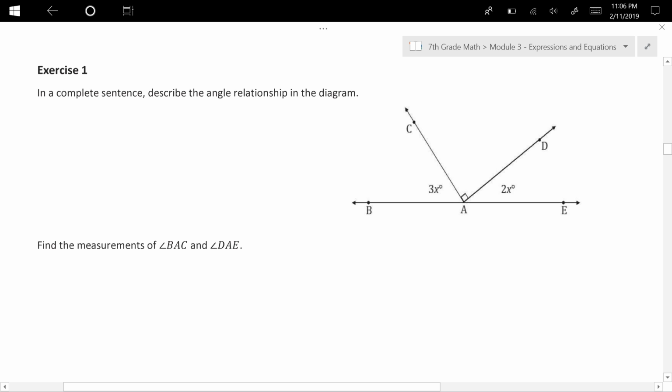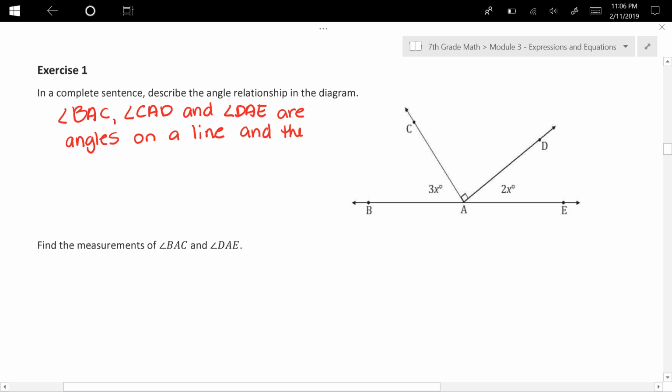Okay, so if we're going to describe this, I would put angle BAC, angle CAD, and angle DAE are angles on a line and their measures have a sum of 180 degrees.